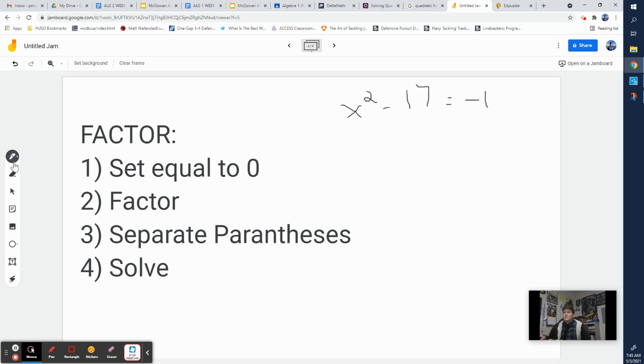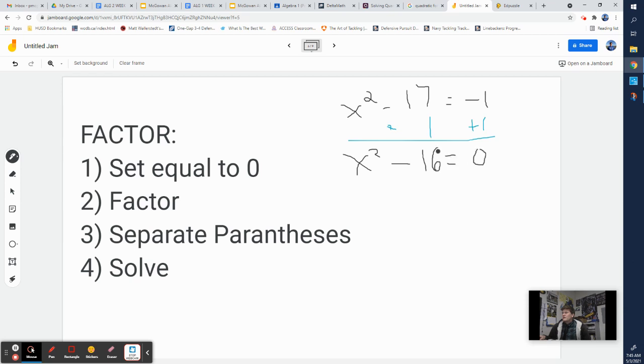First step is to set equal to 0. So we need to get this to 0 by doing the opposite, adding 1 to both sides. When I do that, I get my x squared still, because that doesn't change with a constant being moved over. But negative 17 plus 1 becomes negative 16 equals 0.